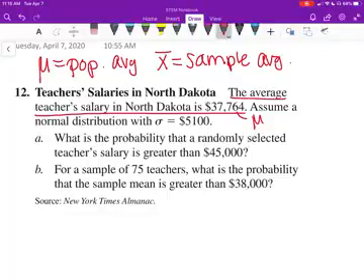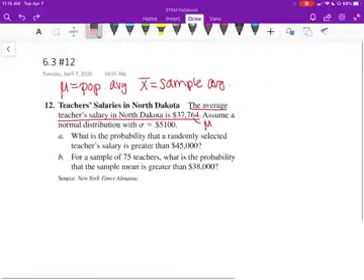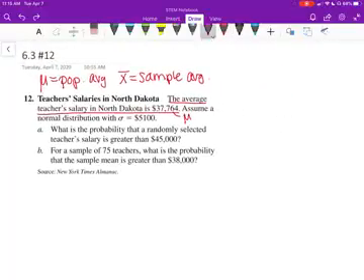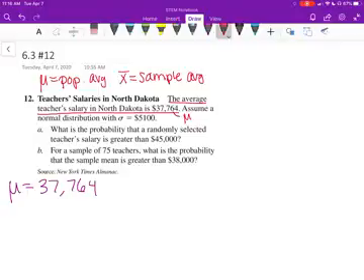That has to be our population average. And they also tell us it's normally distributed, which is good, and sigma is equal to 5,100.